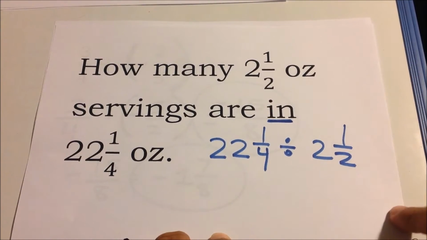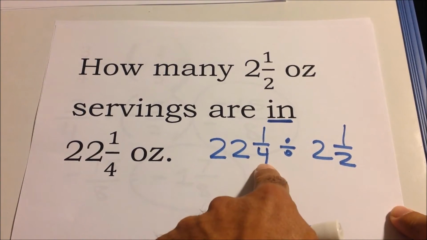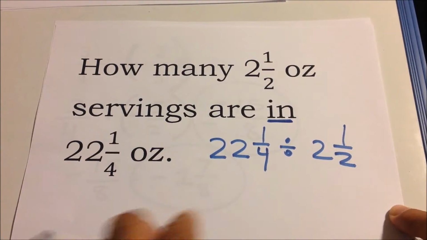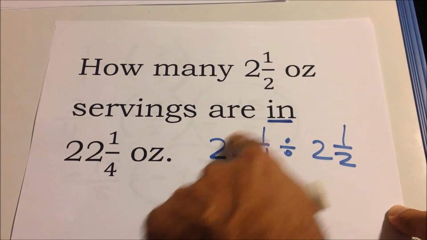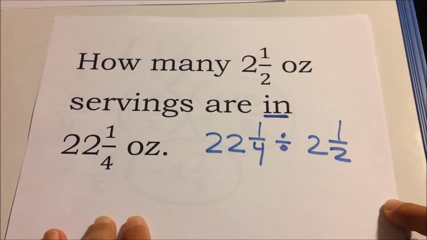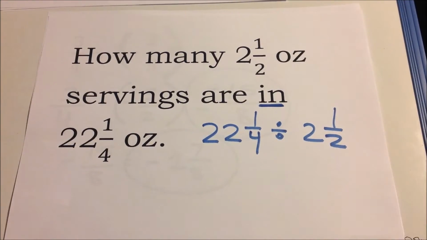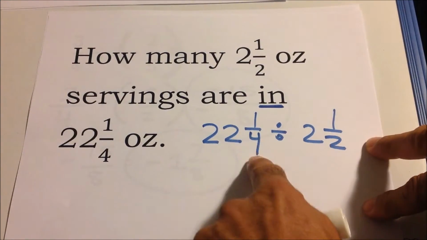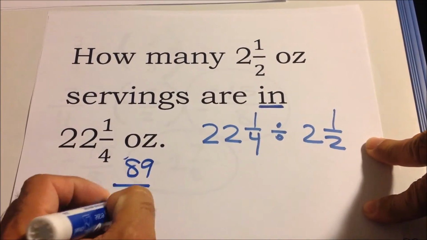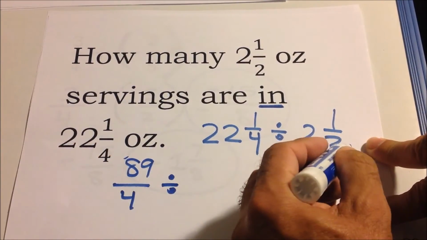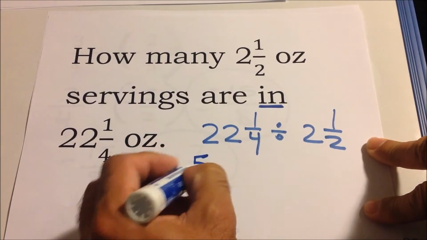We can also make it a decimal if we want, 22.25 divided by 2.5. So again, with these you want to make them improper fractions, not mixed numbers. So what do you do next? 4 times 22 is 88 plus 1, so that's 89 over 4, divided by 2 times 2 is 4 plus 1 is 5, 5 over 2.